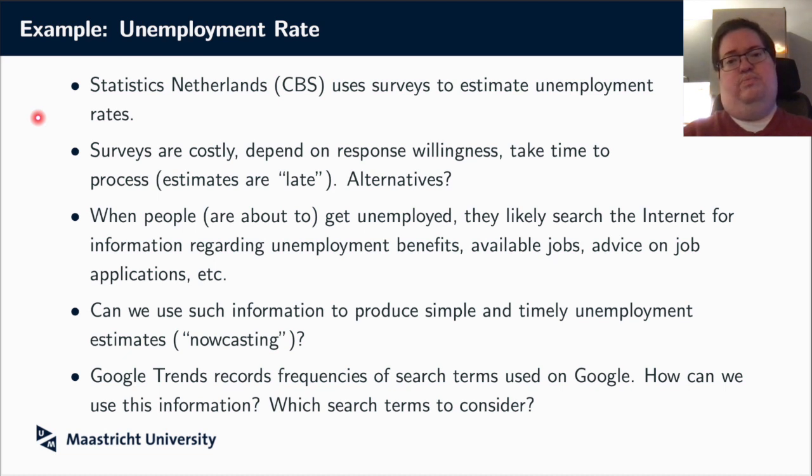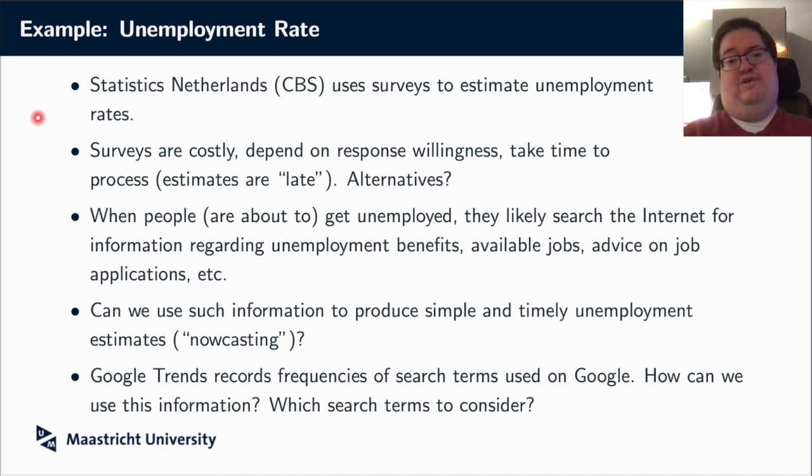Now, what you might think here is to use the big data approach, because if people get unemployed, they will likely search for particular information regarding their unemployment, such as how to apply for unemployment benefits. They will look for available jobs.